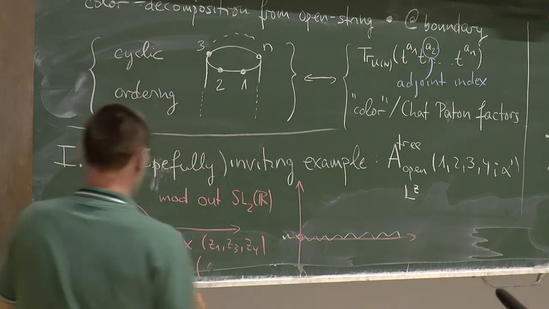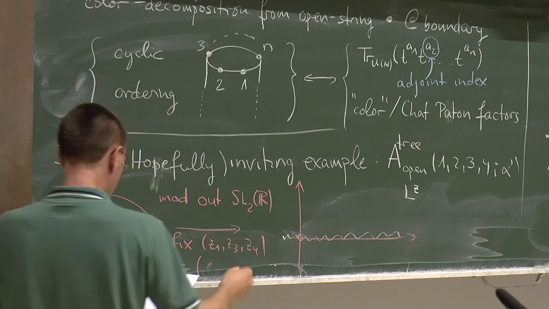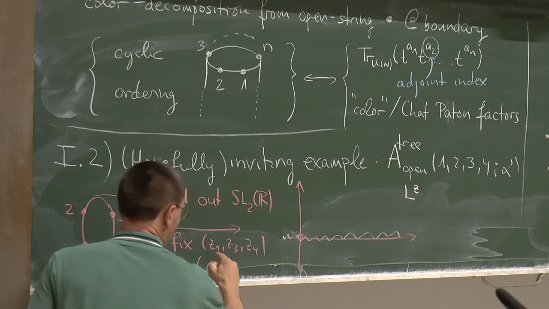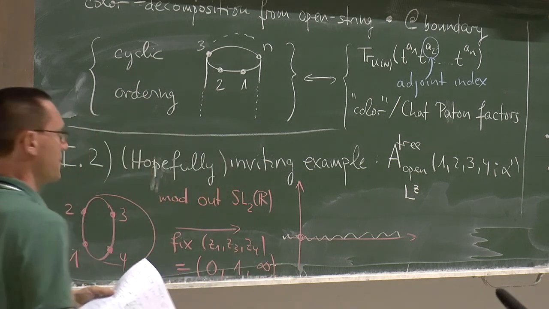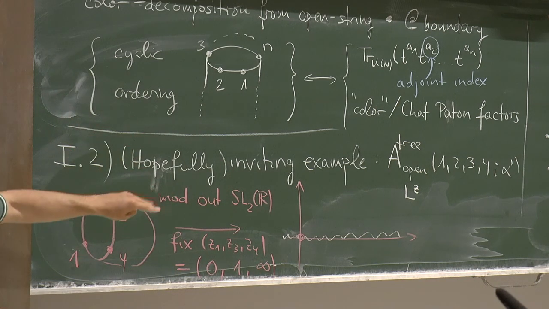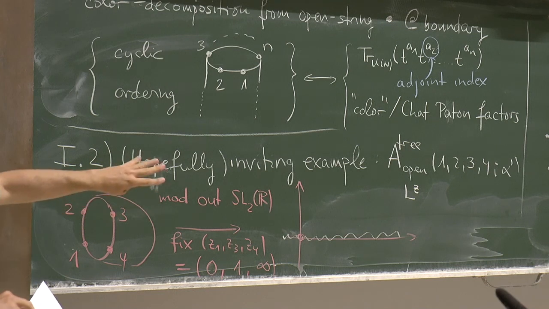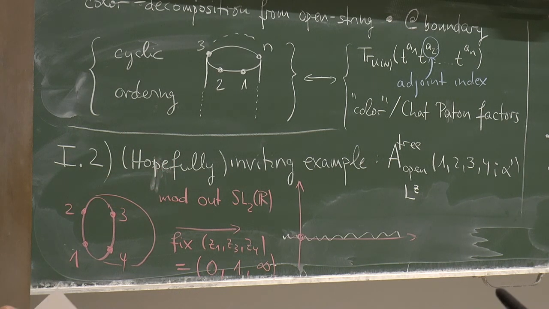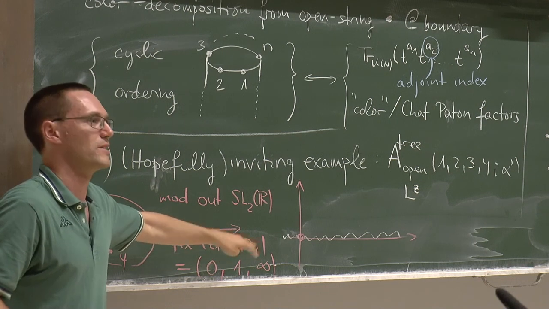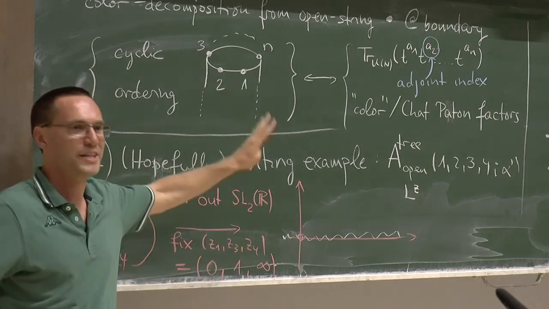And here I'll show you the example in the choice where z1 goes to 0, z3 goes to 1, and z4 goes to infinity. This choice will basically then exhaust the conformally inequivalent choices to arrange the worldsheet. And of course, I could have fixed instead z1, z2, z3. There's a zillion of options.